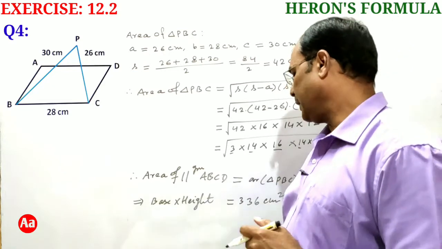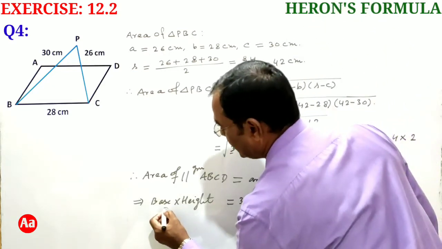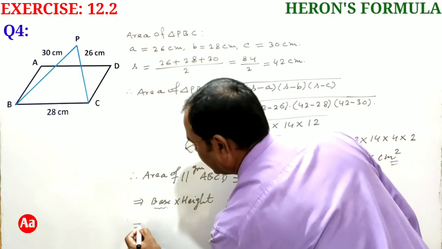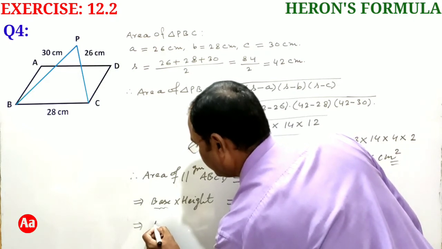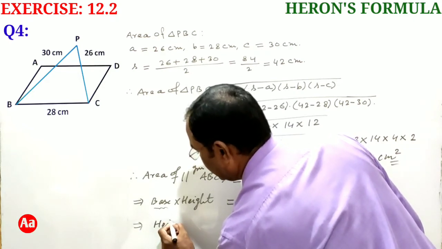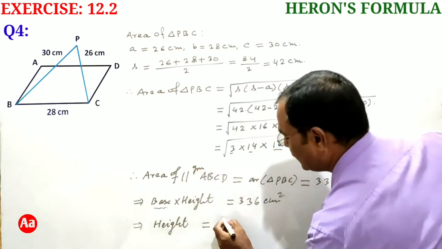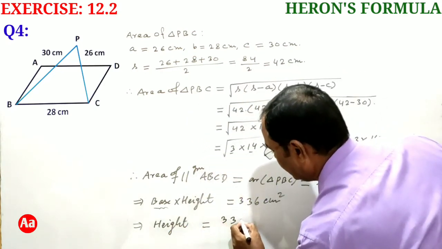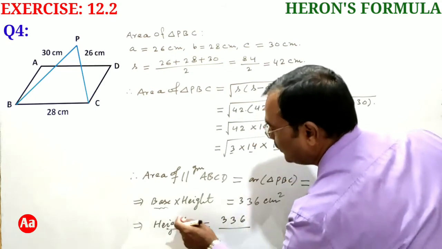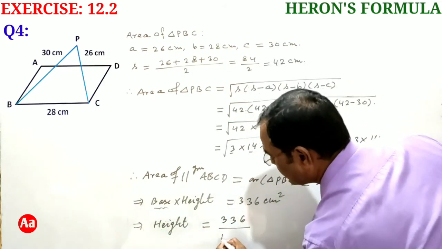So base of the parallelogram is 28 centimeter. So therefore height of parallelogram is equal to area 336 divided by this base.